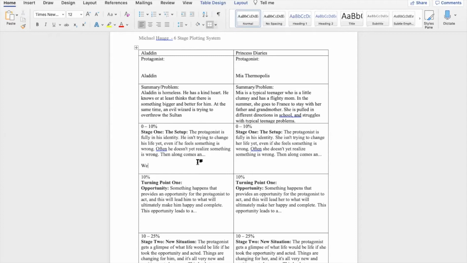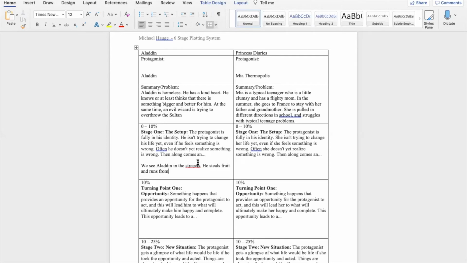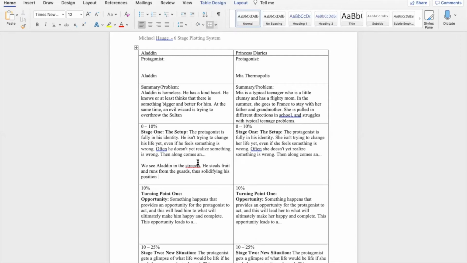So we see Aladdin in the streets. He steals fruit and runs from the guards. Thus, I'm going to put thief in quotations.